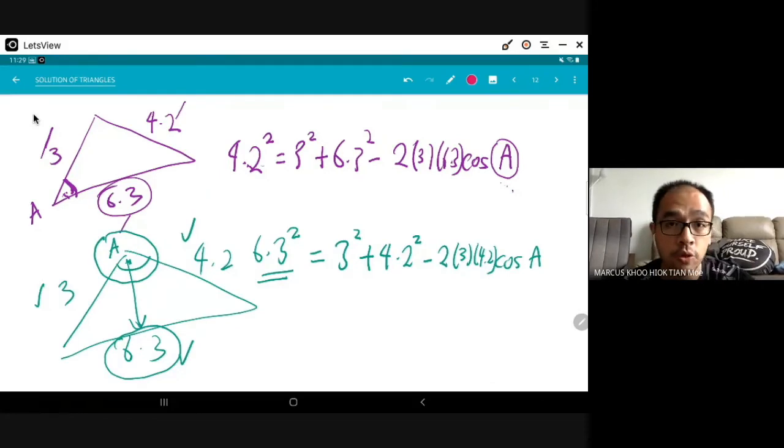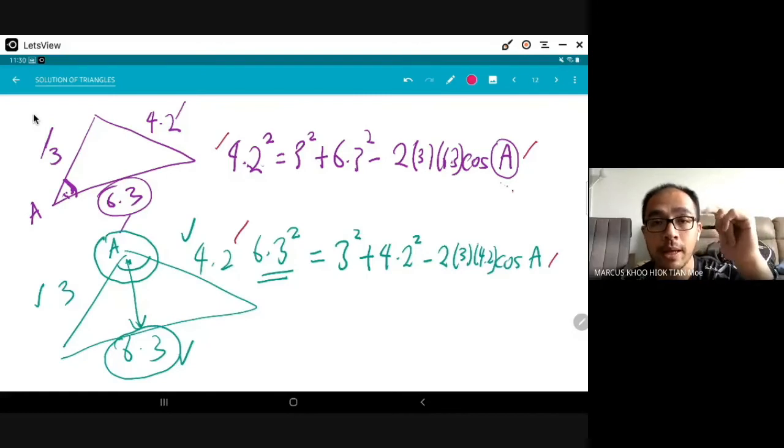And then of course, this final one, these two we have done before. What I want you to do is calculate for me the value of the angle in the purple color and the green color. Can you do this calculation now? Copy this down on a piece of paper, and let's practice calculating the cos A. Can you do it now and then type out your answer for me?